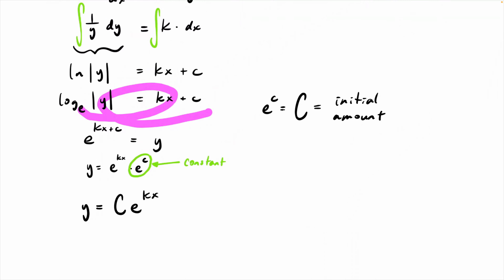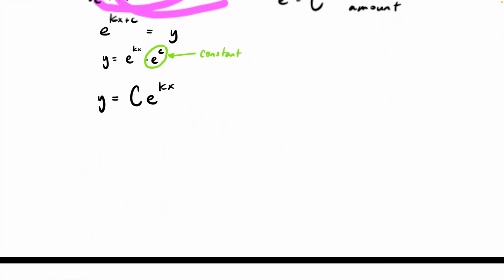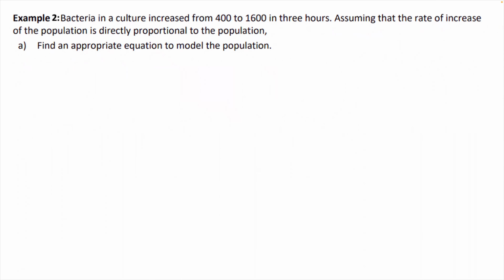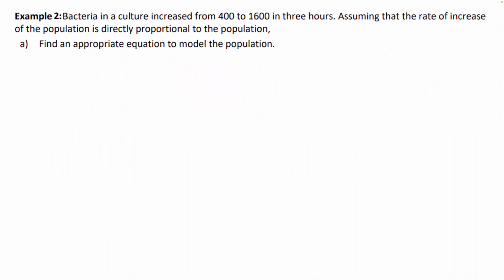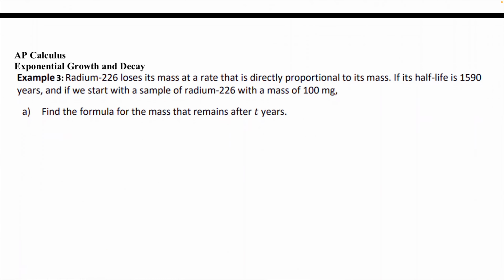So what I want to do now is we're going to do the first problem. I'm going to go slow on the first one because it's very similar to what we've been doing but a little bit different. Okay? So these problems are in context. You talk about bacteria. You talk about radium.